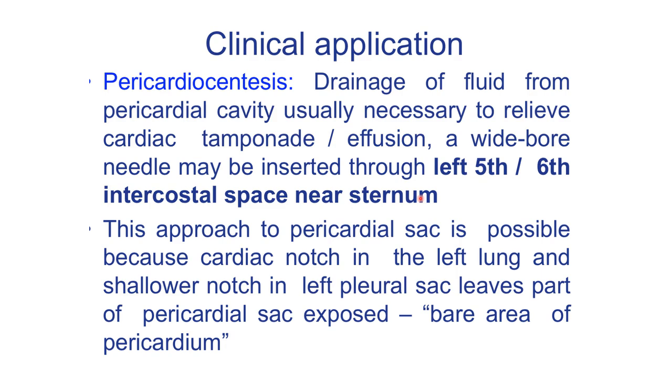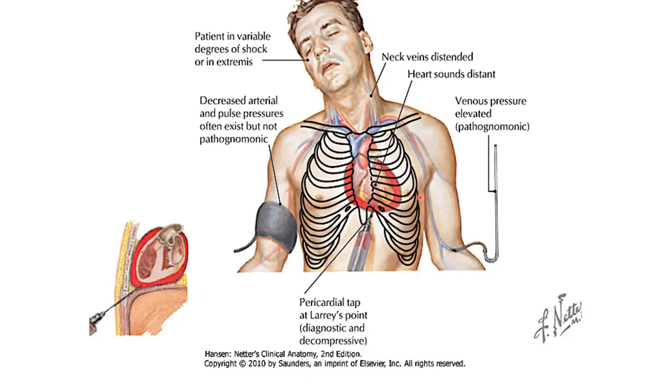This approach to the pericardial sac is possible because the cardiac notch of the lung leaves a space for us to put a needle, and the left pleural sac leaves part of the pericardial sac exposed. This is called the bare area of the pericardium.